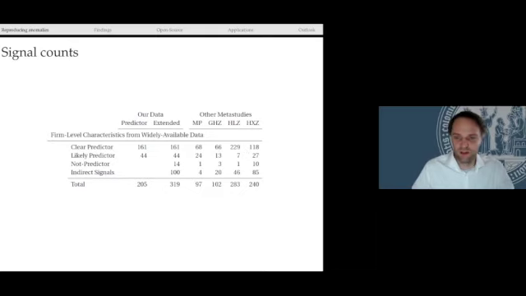Okay. So all the results that I'm going to show you, most of them will be based on our predictor data set of these 205 predictors, and then we also look at some results in this extended data set of 319 predictors.